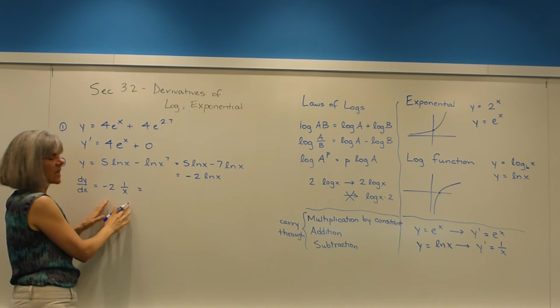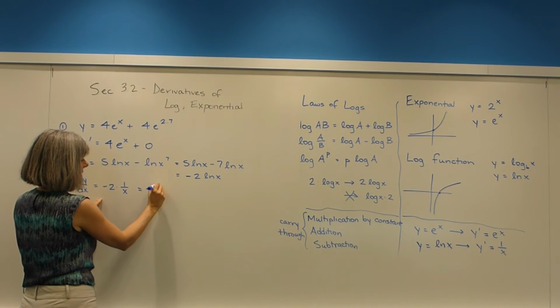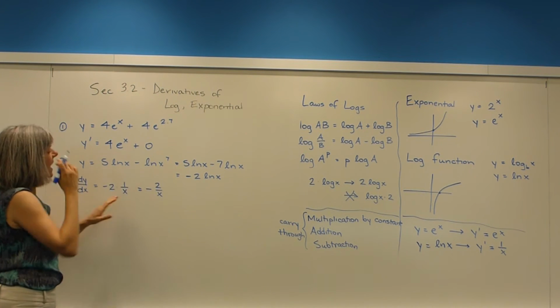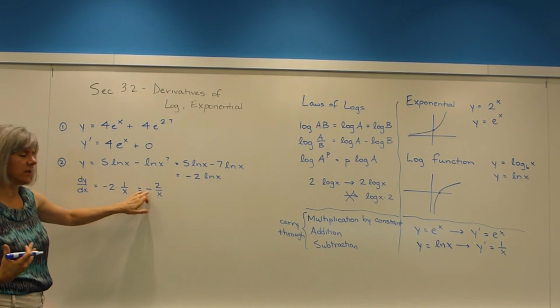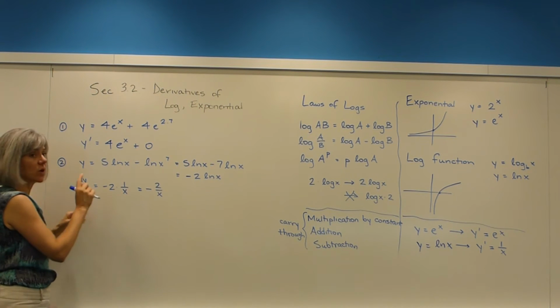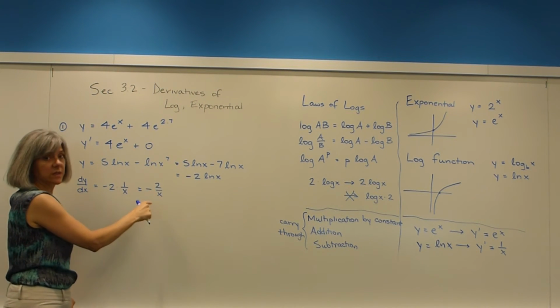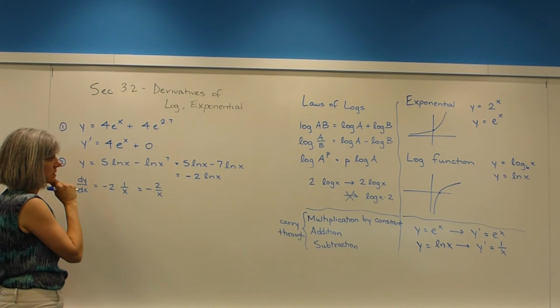And really, this is not a good way to leave this. You should really clean this up because it's easy to just simply write this as minus 2 over x. And I prefer myself the negative sign in the front rather than in the numerator or the denominator, but this negative sign could go any one of those 3 places. Out front, numerator, or denominator, but not multiple places.